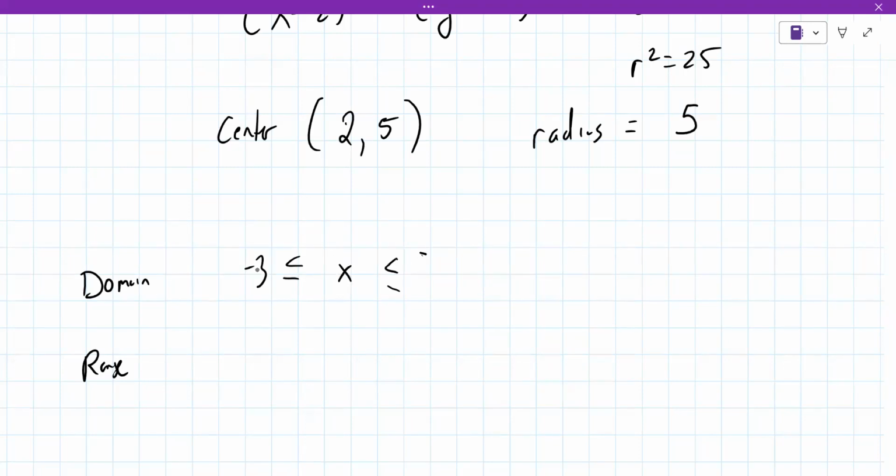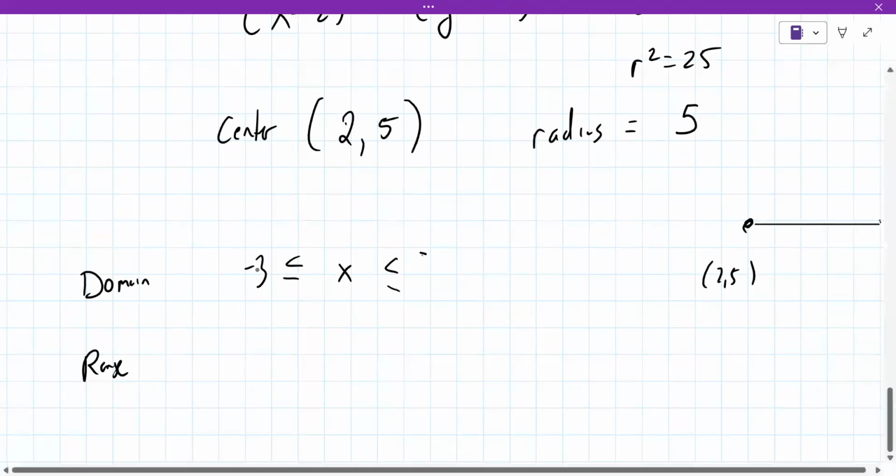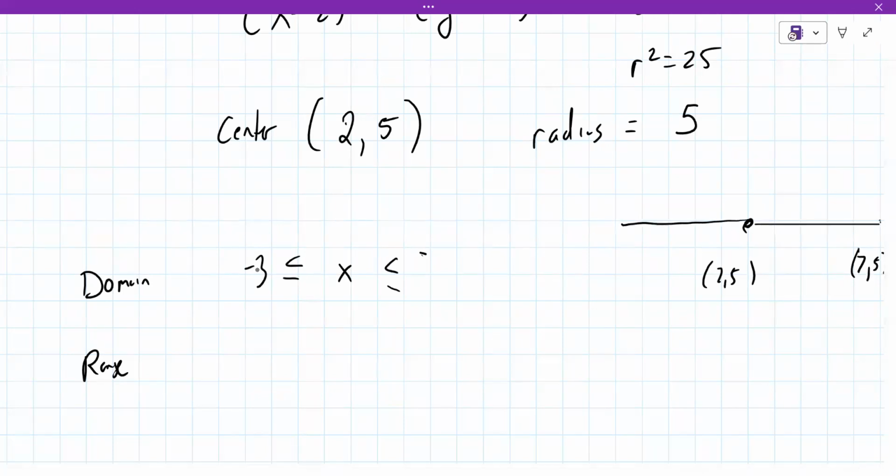From the center (2, 5), you're going right 5, which gets you to (7, 5). And you're left to (-3, 5). Yeah, I don't know how I messed up the math on that one.